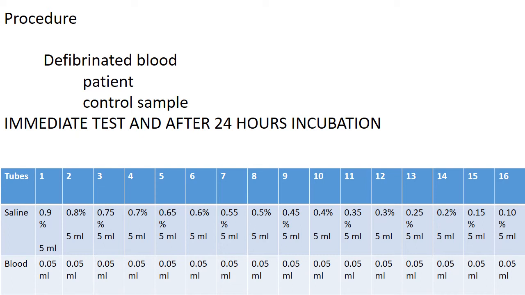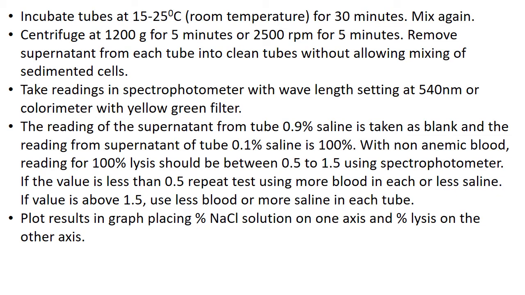In the same manner you are going to dispense the materials. Incubate the tubes at 15 to 25 degrees centigrade and mix. Centrifuge at 1200 gravity for 5 minutes or 2500 rpm for 5 minutes.